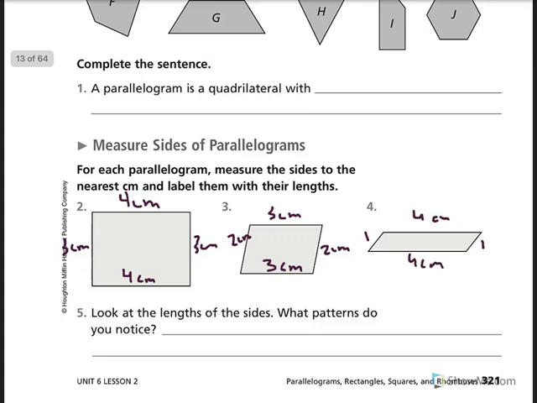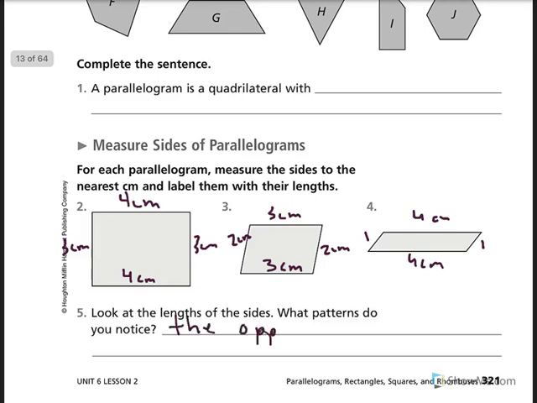So, take a moment and think about that. What did you notice? The opposite sides, they're parallel, but they're also what? They're the same length.